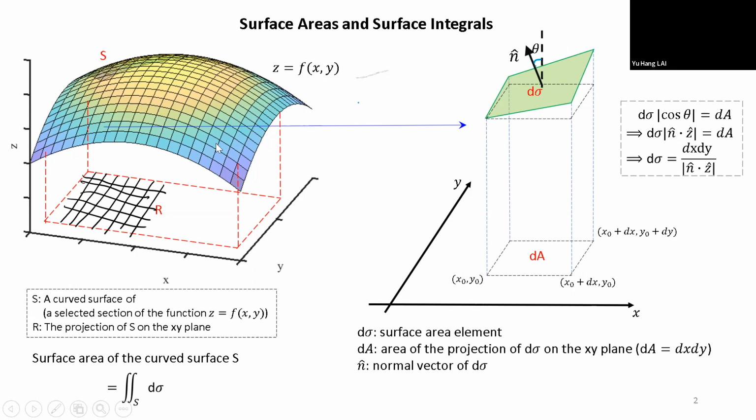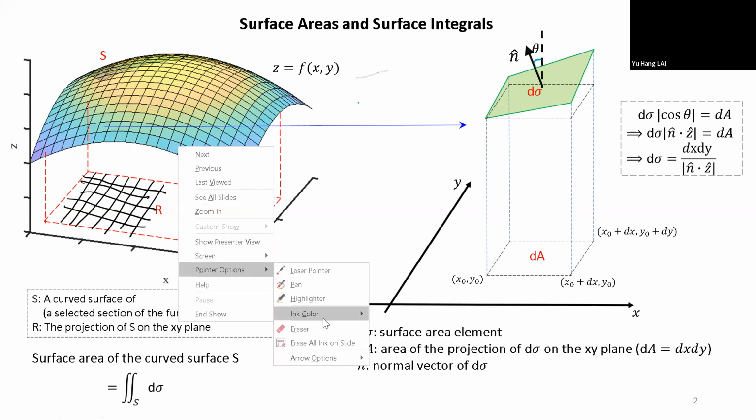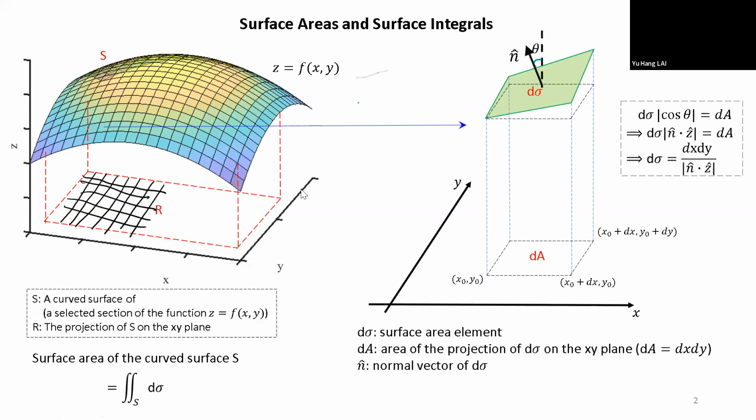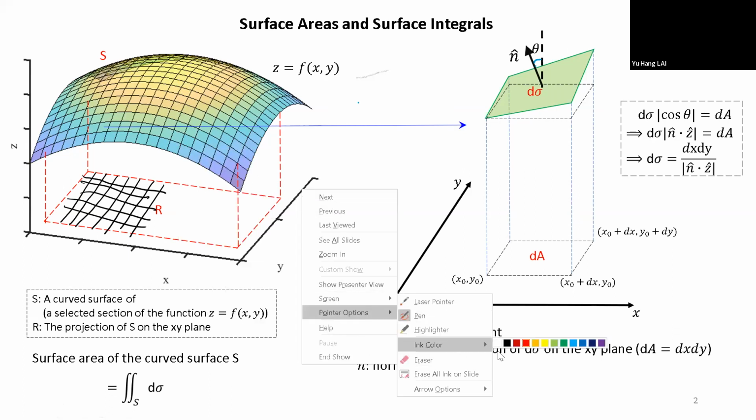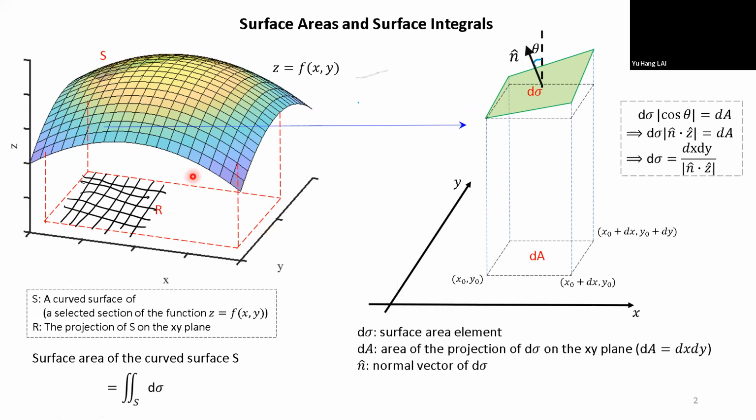Then if I just zoom into a particular element here, suppose I zoom in to this one here, I draw it here. If I do the projection, maybe I will hit this one here. Then this little dA here is the projection of this little piece of my area element.